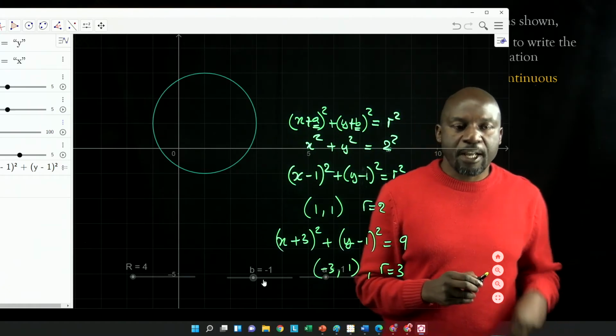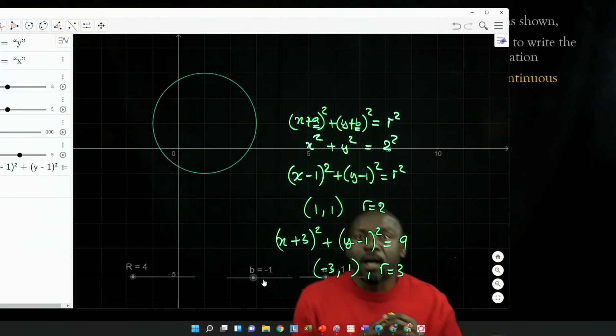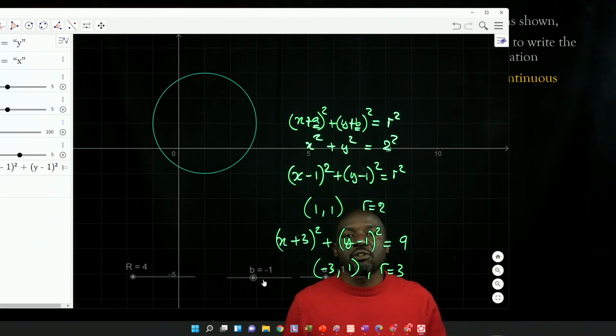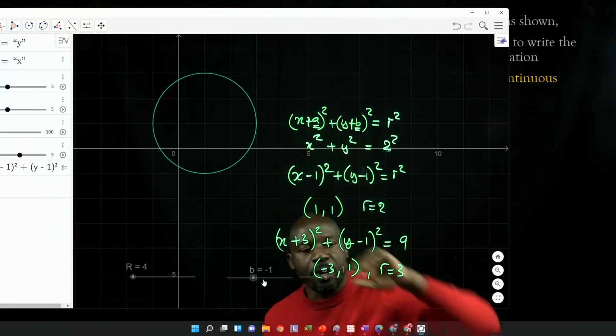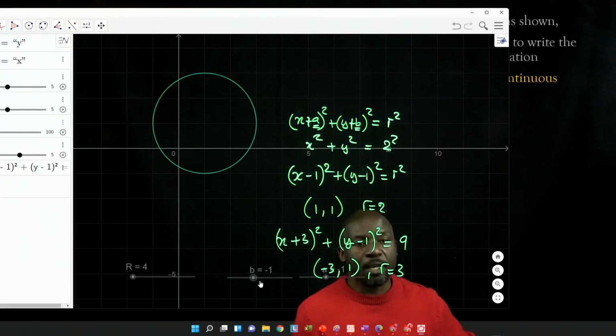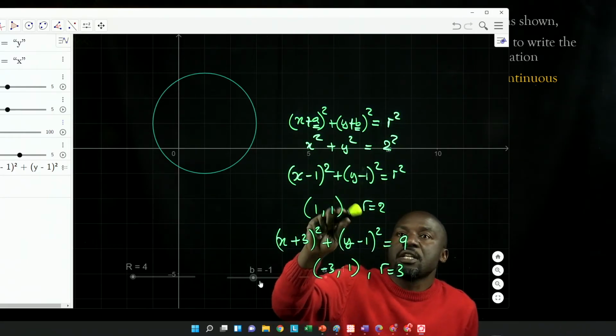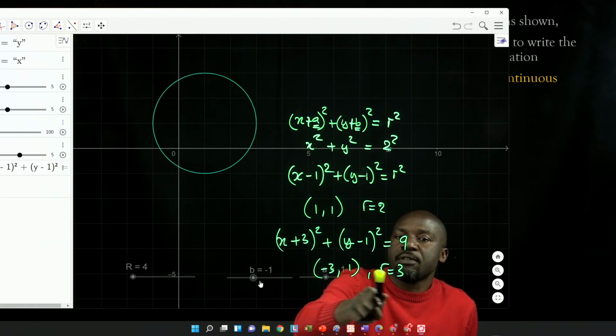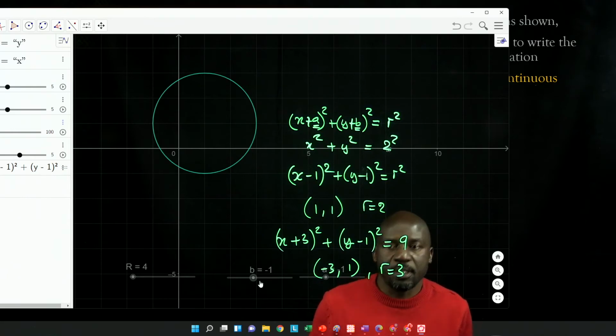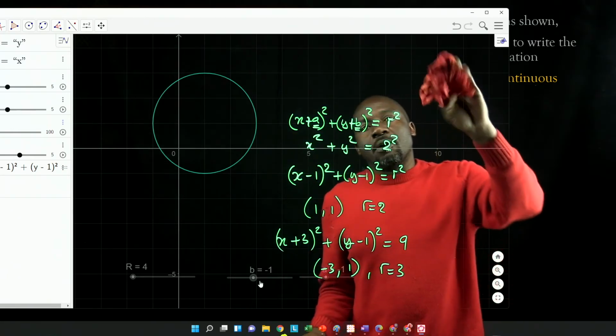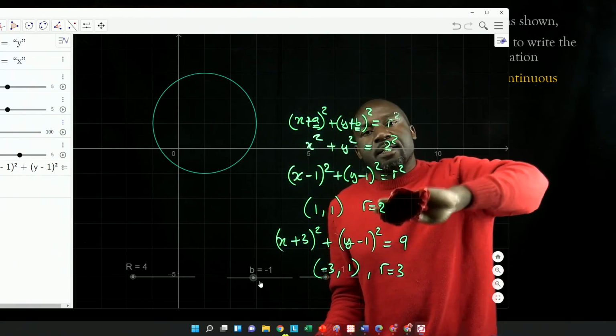So this is how we determine the equation of a circle. If I put a circle somewhere and you can tell the radius and the center of the circle, you can use that detail to determine the equation of the circle in the same way. All right, so I hope you got that.